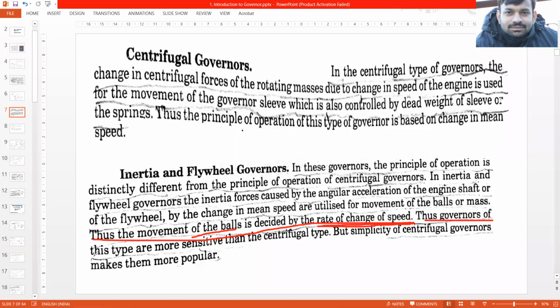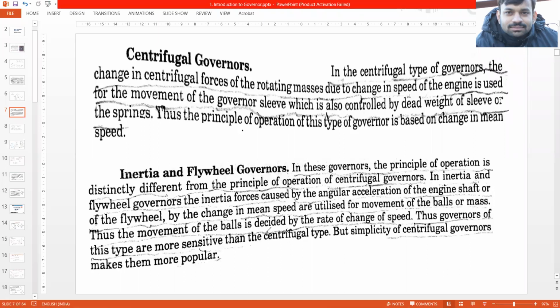Thus, governors of this type are more sensitive than the centrifugal type, since there are two governing things which will change the speed. That is, which will govern the fuel supply.